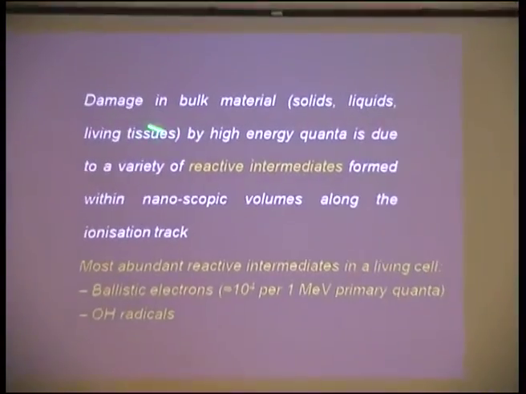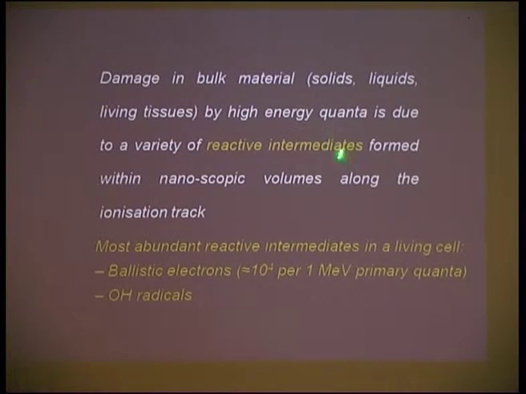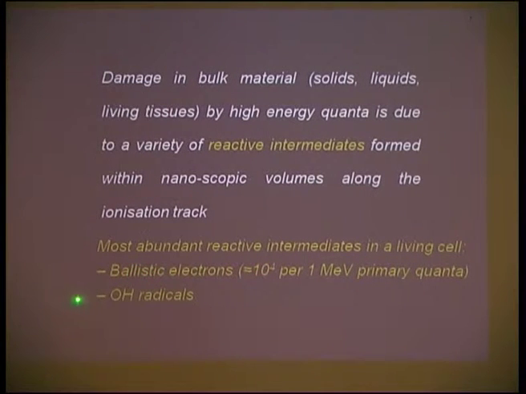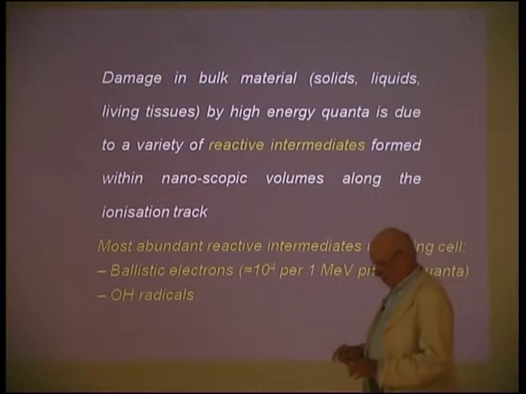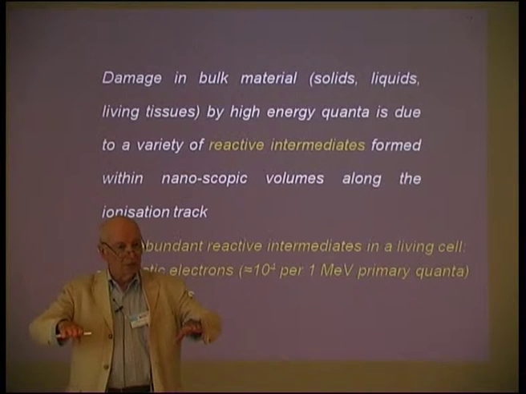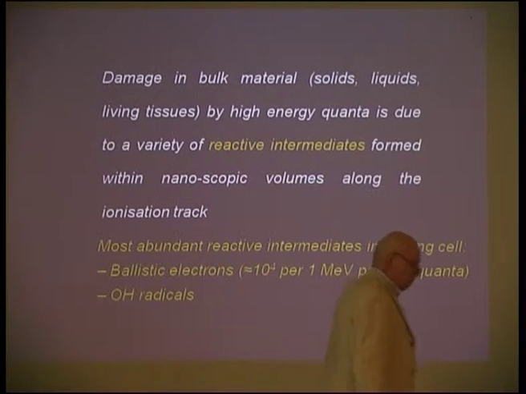What we know is, well, this is a statement which is accepted: the damage is due to a variety of reactive intermediates, and abundant intermediates are ballistic electrons. A ballistic electron is an electron with some kinetic energy above the conduction level, or whatever you will call this, of this condensed material. And of course you produce also OH radicals, as we learned this morning from Kevin Price.